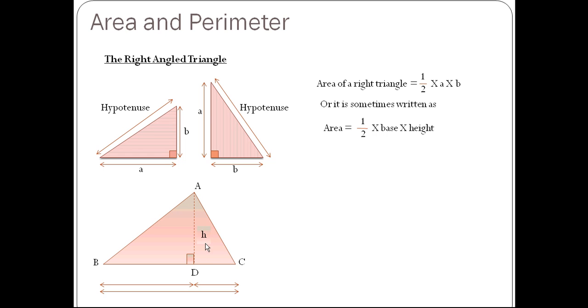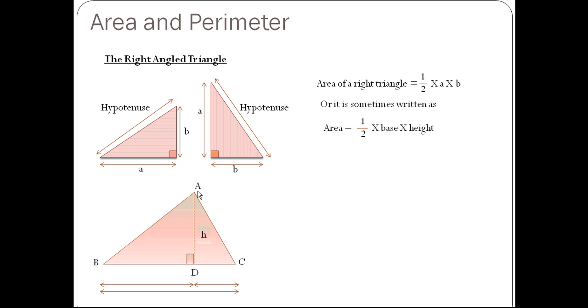AD is the height of the right-angled triangle ADC, and it is also the height of the right-angled triangle ADB. There are two right-angled triangles in this diagram, and they make up triangle ABC.